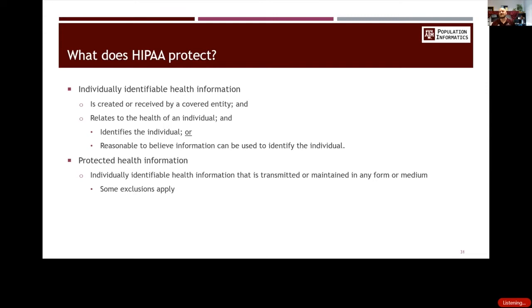Fortunately, there are some standards we'll get to later that can help assist with this process. So if you have individually identifiable health information, it is automatically protected health information if it's transmitted or maintained in any form or medium by this covered entity, right?